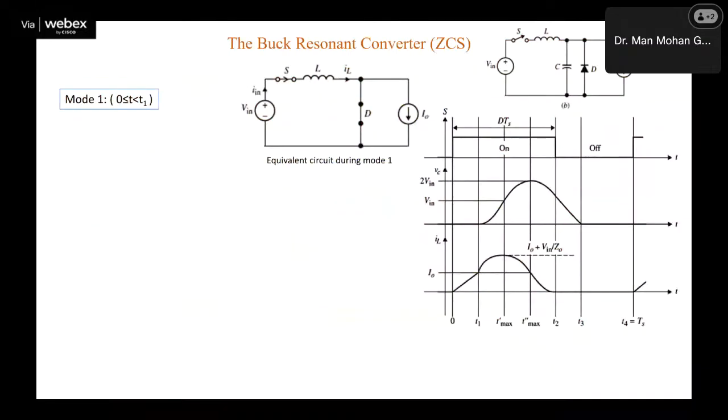Right? So what we want is to turn on the switch. When we want to turn on the switch, what is the current through the switch before that? Zero. Before that current is zero. And this is the instant at which we have given instructions to turn on the switch, right?